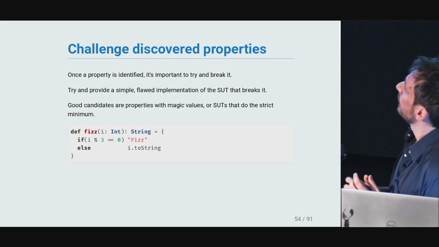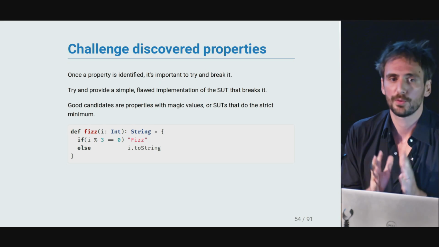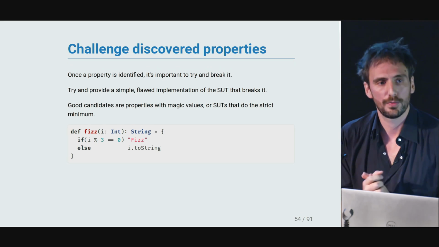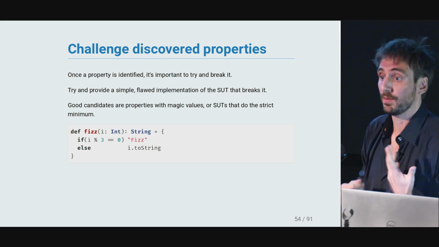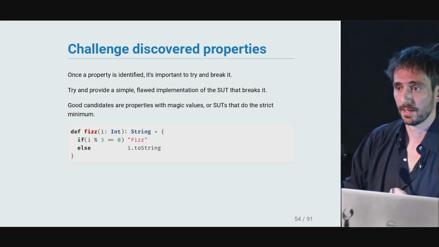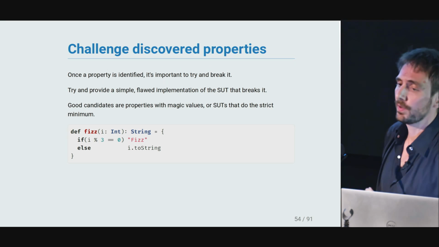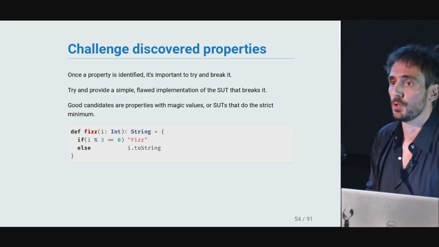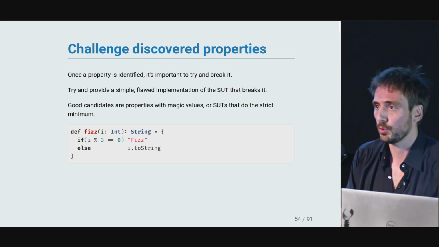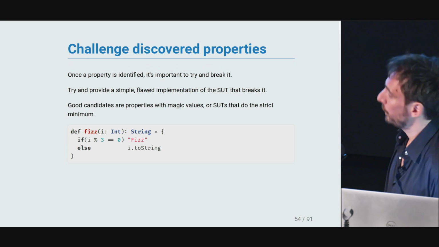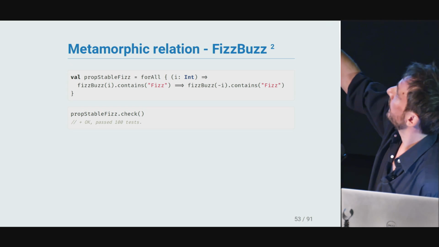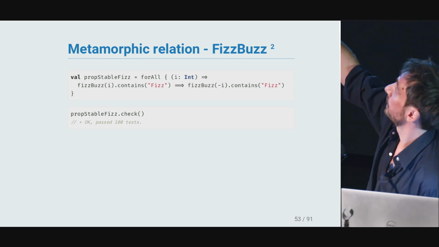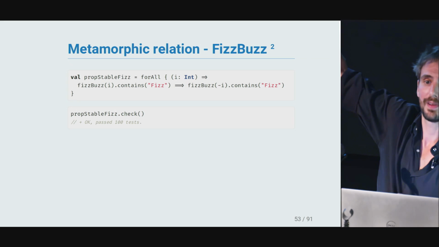You try to provide the simplest possible implementation of the system under test that doesn't fail your property, that your property will accept. It's good fun because you find yourself trying to trick yourself. You know exactly what is being tested, so how do you fool that? In the case of FizzBuzz, if you look at the implementation of the property, it relies on the presence of fizz. There's a hard-coded value in there.